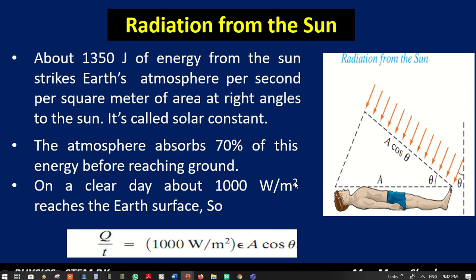Some 70% of the energy of the sun is absorbed by the atmosphere, and the rest of the intensity of the incident rays, about 1000 watt per meter squared, reaches the Earth's surface. So we will multiply this by cosine theta.